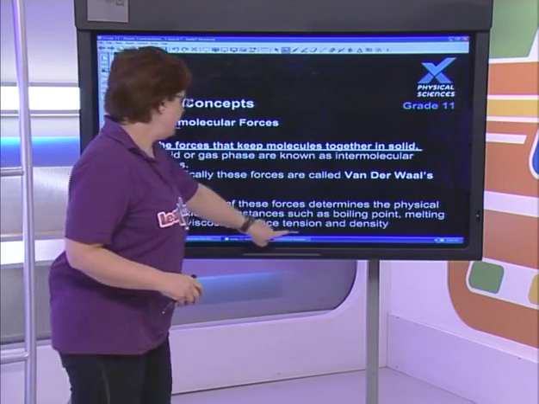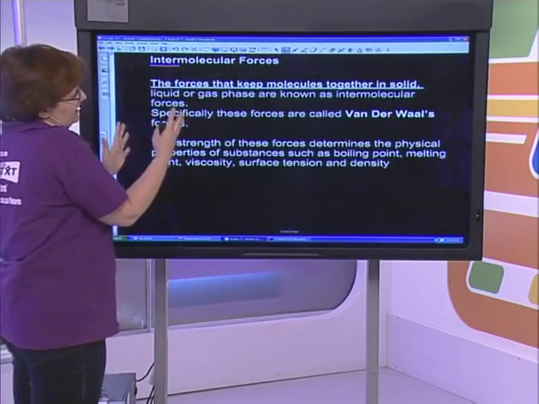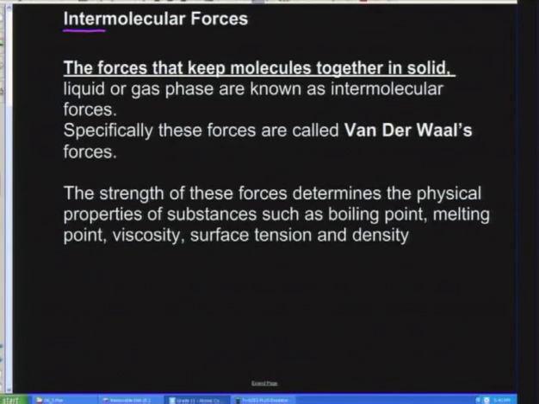Now, the intermolecular forces are basically the forces that keep molecules together in solid, liquid, or gas phase. They are very specifically called van der Waals forces. That's just the name we give to them. The strength of these forces determines physical properties like boiling point, melting point, viscosity, surface tension, and density.